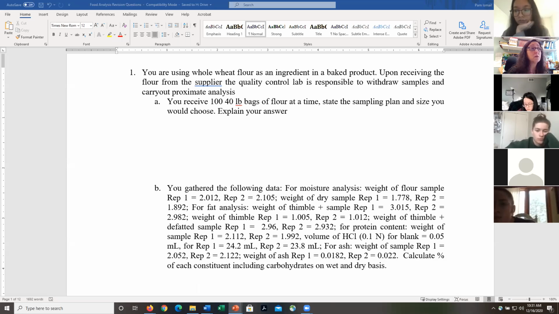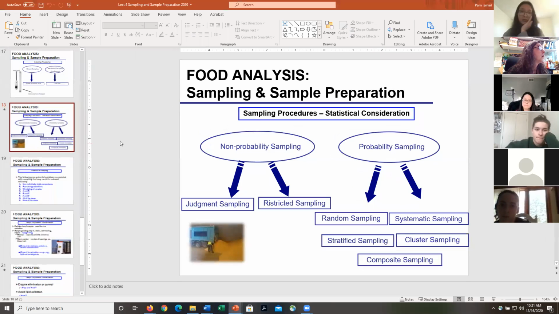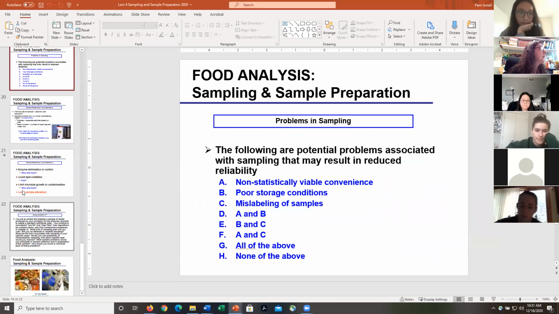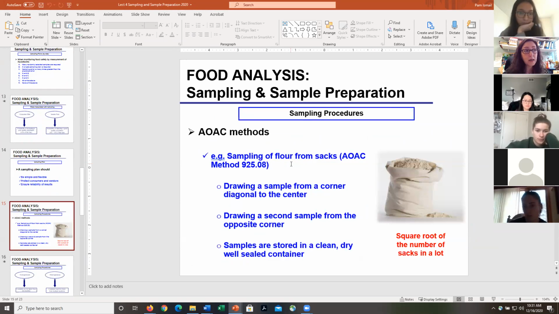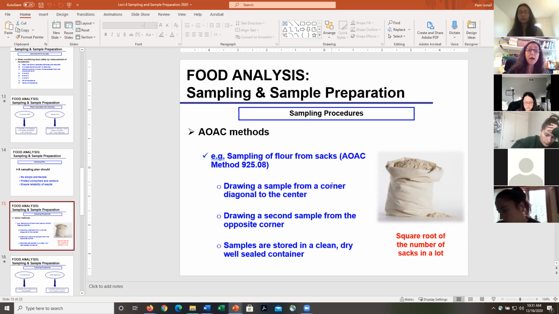There is an example for flour bags. So when you select your flour bag, you would take 2 samples from 2 corners to the center, opposite to each other. So you take 2 samples from each bag, and then you analyze. That is your sampling plan.